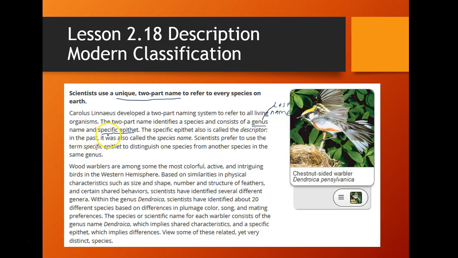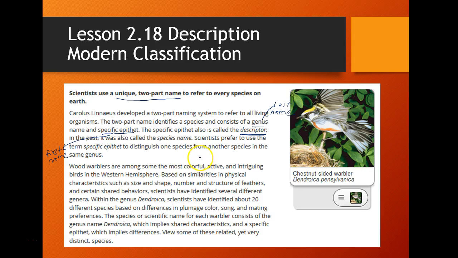The specific epithet is more like the first name, the unique name for that specific species. It is a descriptor that describes the specific species, which is unique from other species.